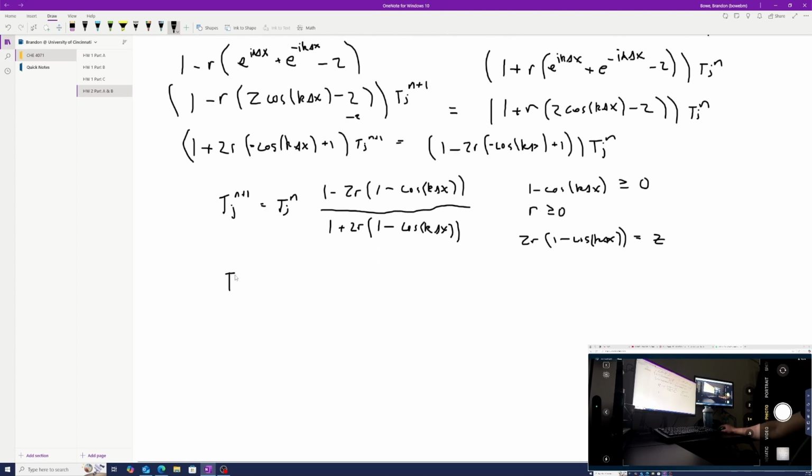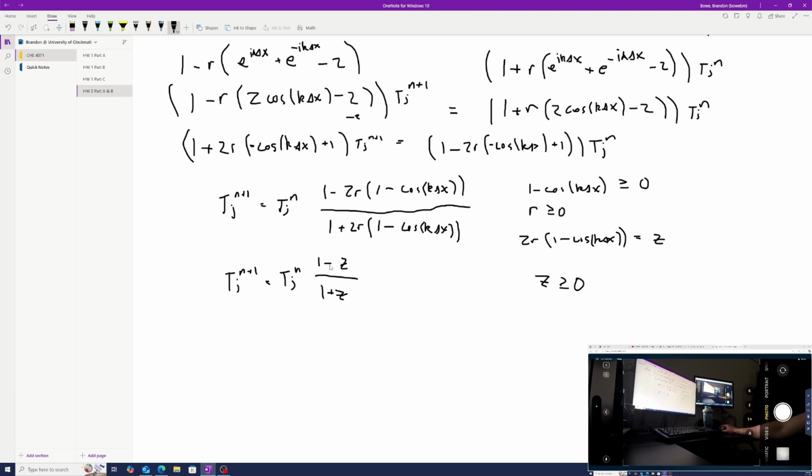So what we can now do is substitute this in, giving us tj n plus 1 at our next time is equal to our tj current times 1 minus z over 1 plus z. And if we know that both parts of our z here, r and 1 minus cosine, are greater than or equal to 0, we know that z will always be greater than or equal to 0.